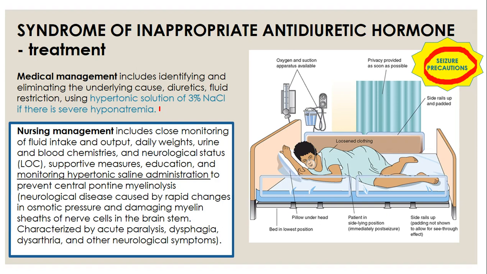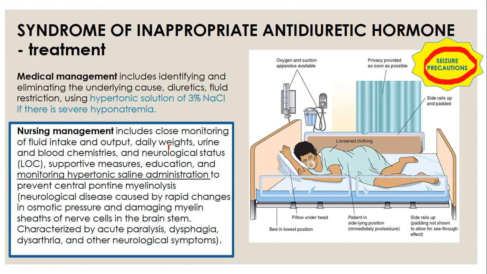One thing you want to monitor with a patient like this, since we're dealing with a fluid imbalance, is their fluid intake and output, daily weights, urine and blood chemistry.